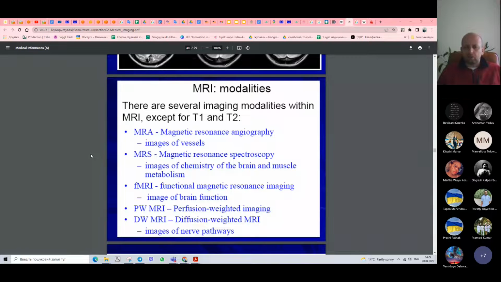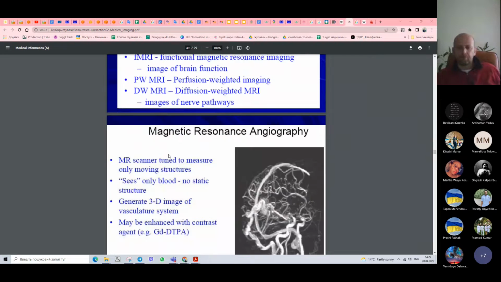MRS for spectroscopy, images of the chemistry of the brain and muscle metabolism. Functional magnetic resonance imaging of brain function. Perfusion weighted imaging. Diffusion weighted imaging MRI, and images of nerve pathways.